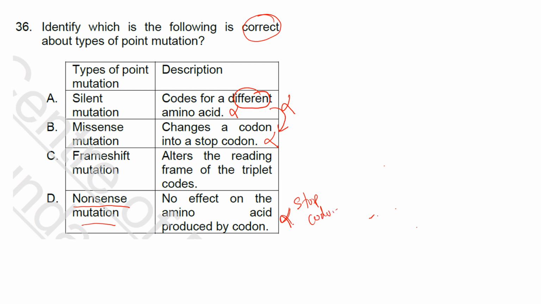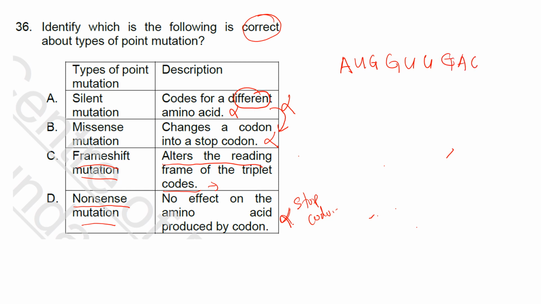So that leaves you with C, which is frame shift mutation. It alters the reading frame of the triplet codes, referring to codons. Frame shift mutation occurs due to deletion or insertion of a base. For example, you have the sequence AUG, KG, UU, GAC.